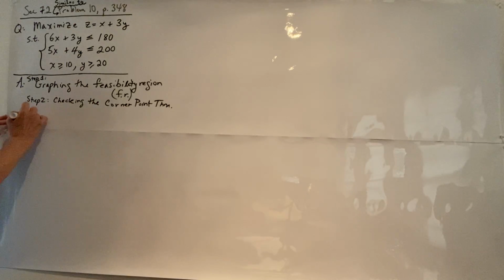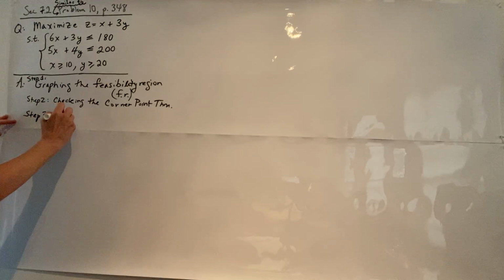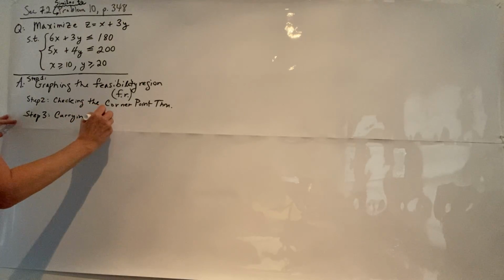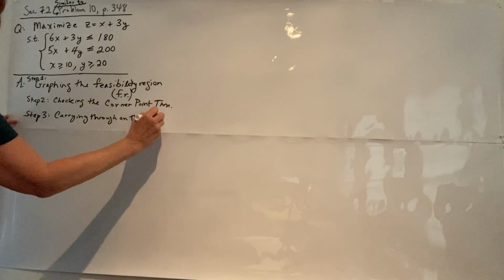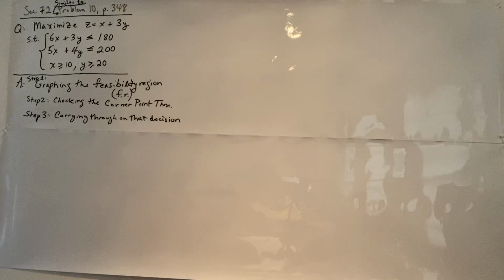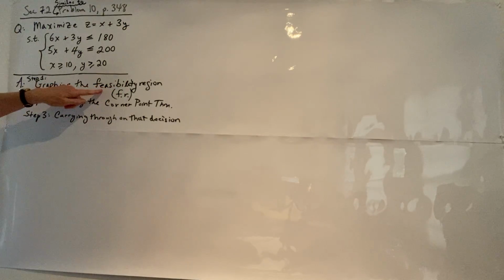And then step 3, carrying through on that decision from step 2. Okay, so you don't always get to build a corner point table. You have to check. All right. But first, you have to see if the feasibility region is bounded by graphing it.